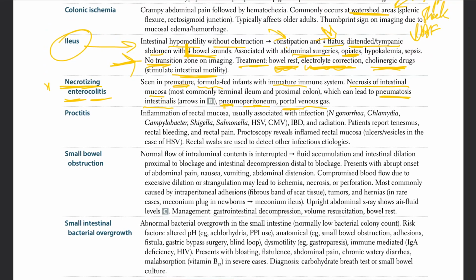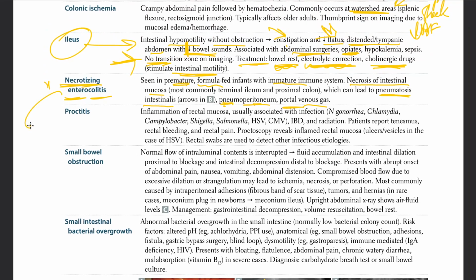So basically what's happening here is you have hemorrhage and necrosis of the bowel wall, which leads to bloody stools, one thing.